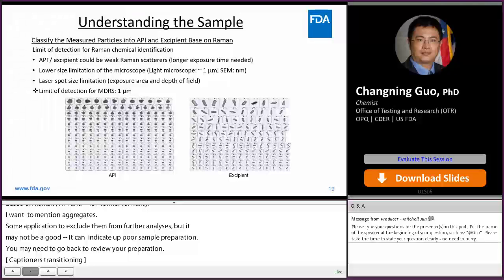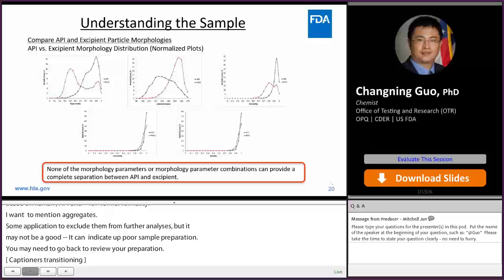For the drug product studied in this case study, after Raman separation, the visual image shows us the excipient particles are generally longer and more transparent than API particles. The visual observation can be further confirmed by comparing the morphology parameters of the API and excipient particle groups.